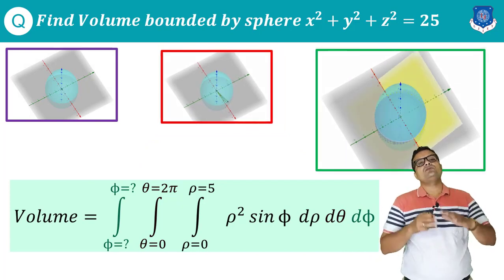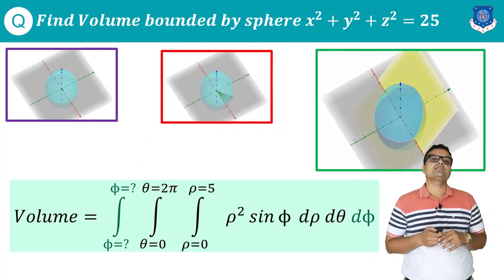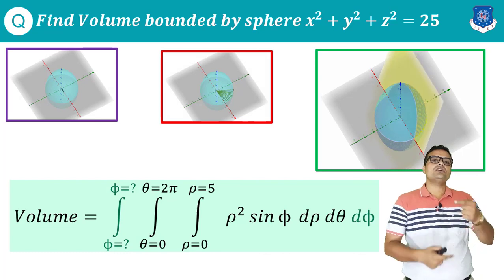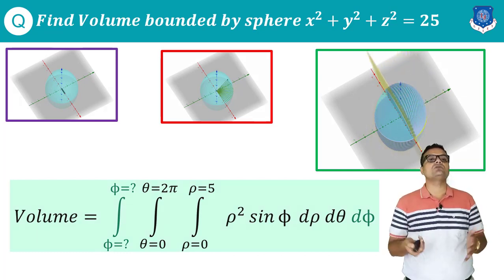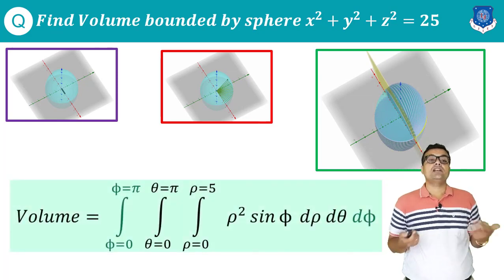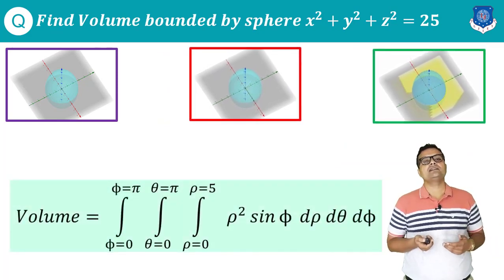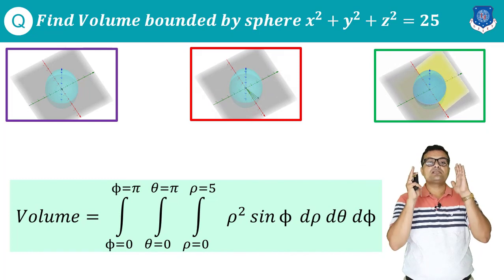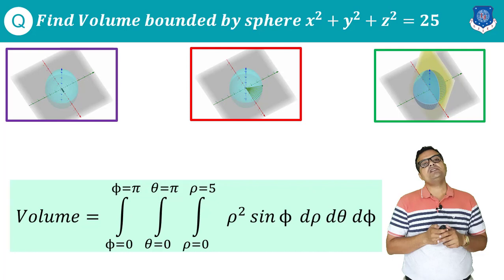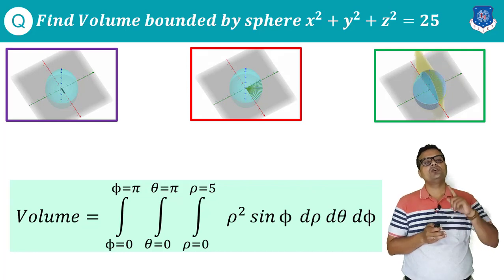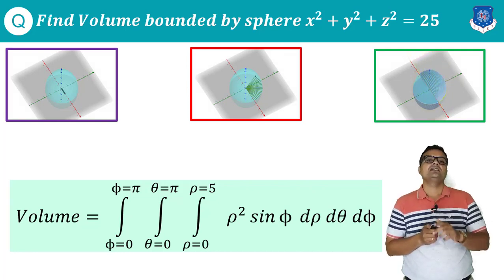And finally, if I focus on this last picture, which is rotating all such great circles with angle 0 to pi to cover the full object, the value of phi is from 0 to pi. So these three visuals will give you a clear idea about the limits of these three coordinates, rho, theta and phi.